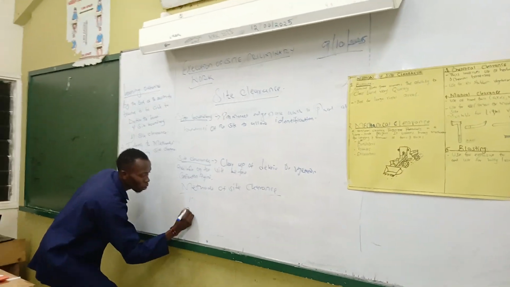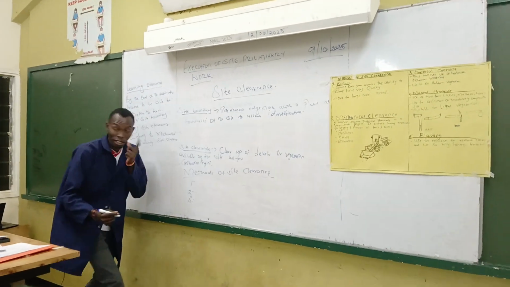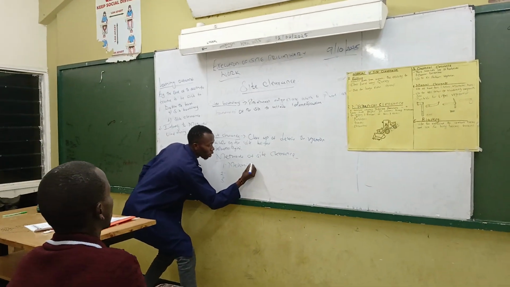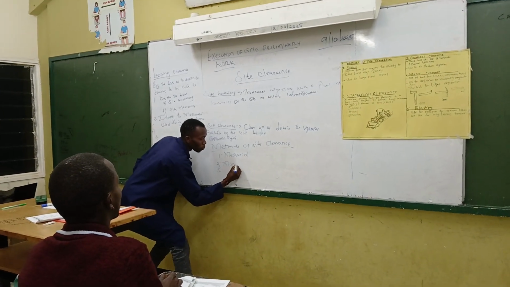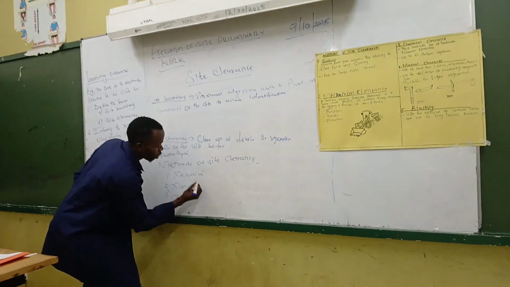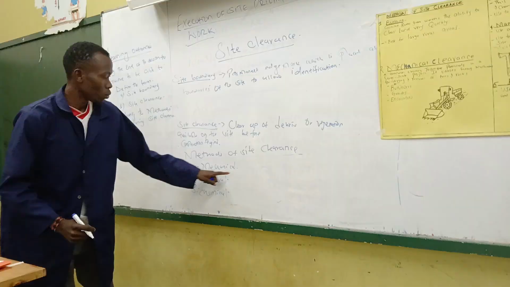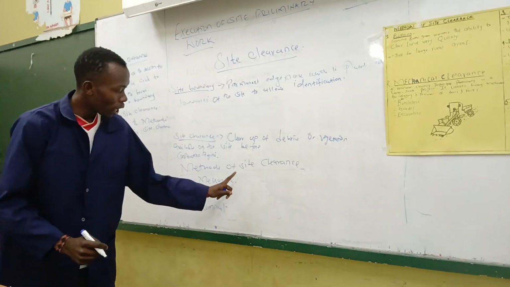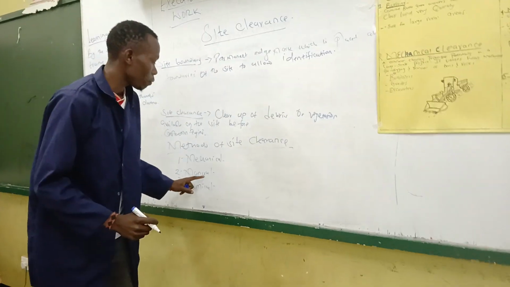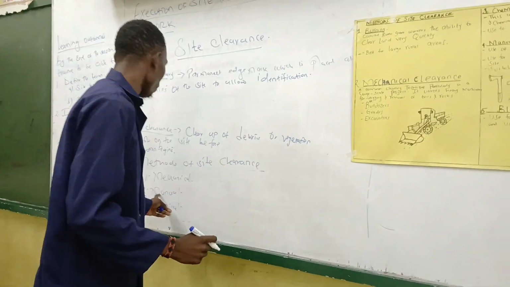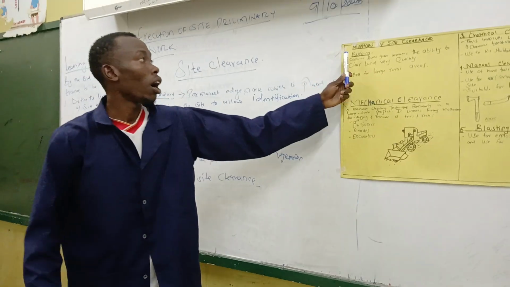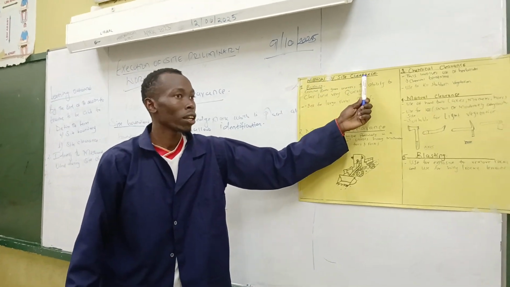There are three which are commonly tested in the exam: mechanical, manual, and chemical. Be aware that it is tested in your exam. Let's confirm what methods of site clearance there are.